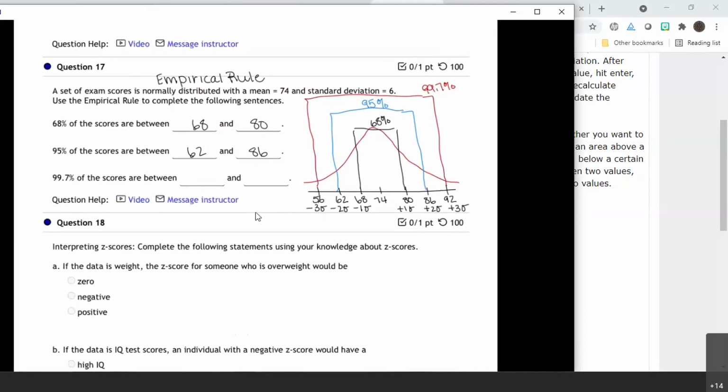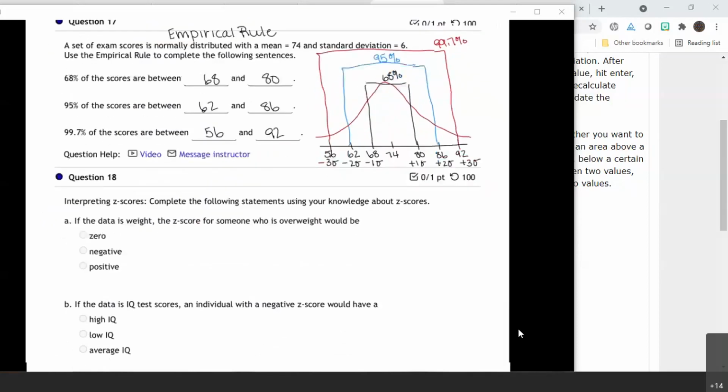And last but not least, 99.7% are between 56 and 92. So that's -3 and +3 standard deviations. Everybody okay with the empirical rule? Questions on that one?